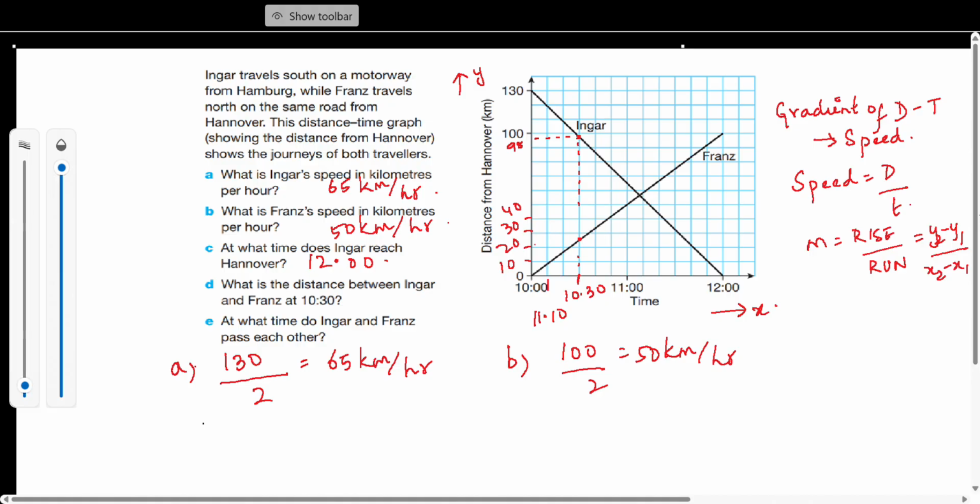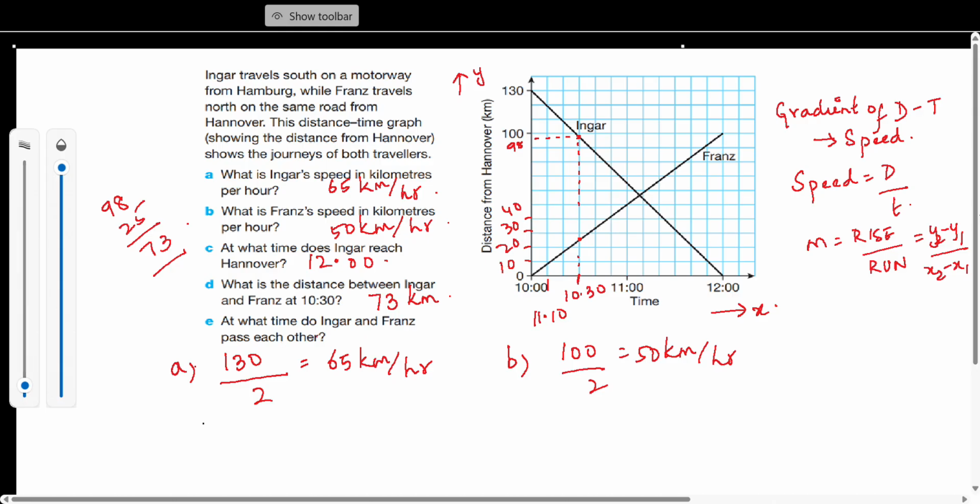So from 25 to 98, it is 73 kilometers. So what is the distance between them? You can say 73 kilometers.